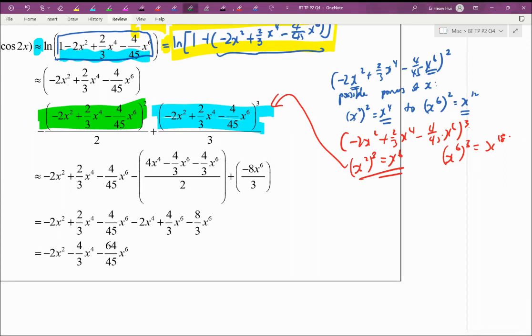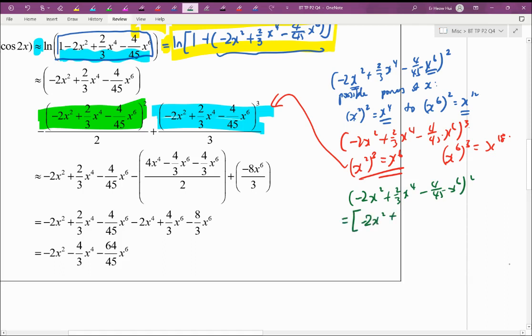Now, how do you actually expand? Let me show you the first one. For (-2x² + 2/3 x⁴ - 4/45 x⁶) squared, you can do it by grouping the terms.